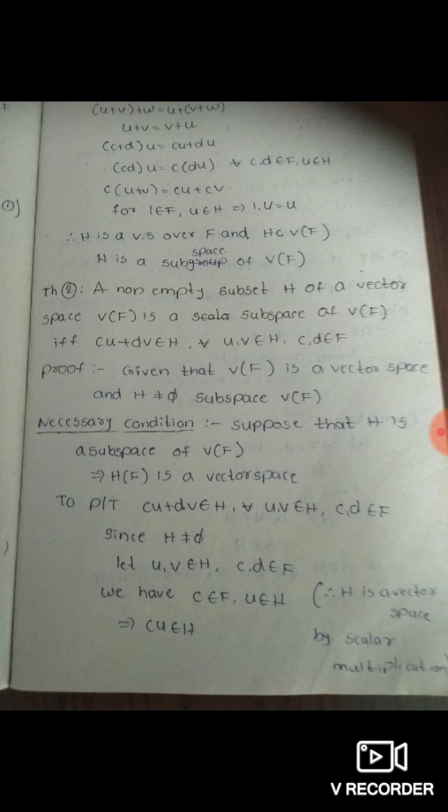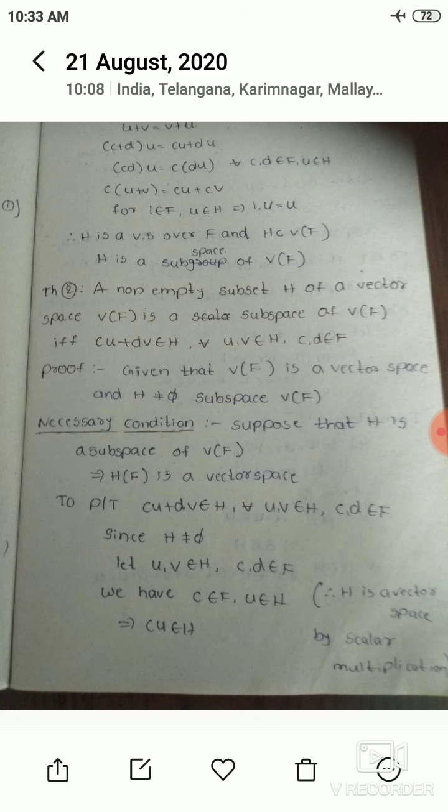By using vector space properties, first we have c belongs to F, u belongs to H. By scalar multiplication, we write it as cu belongs to H.